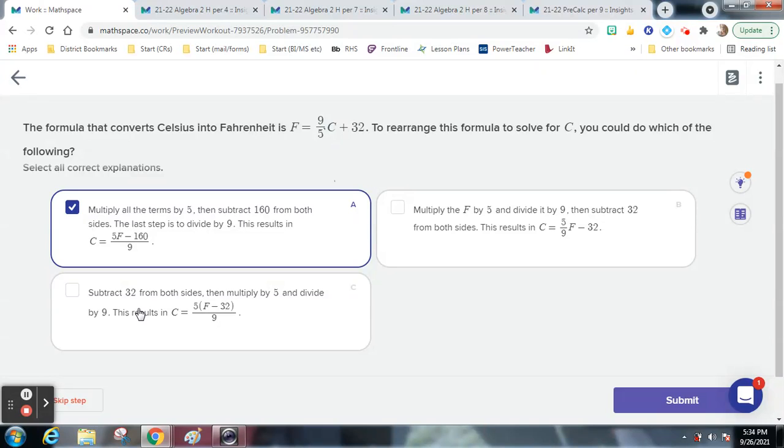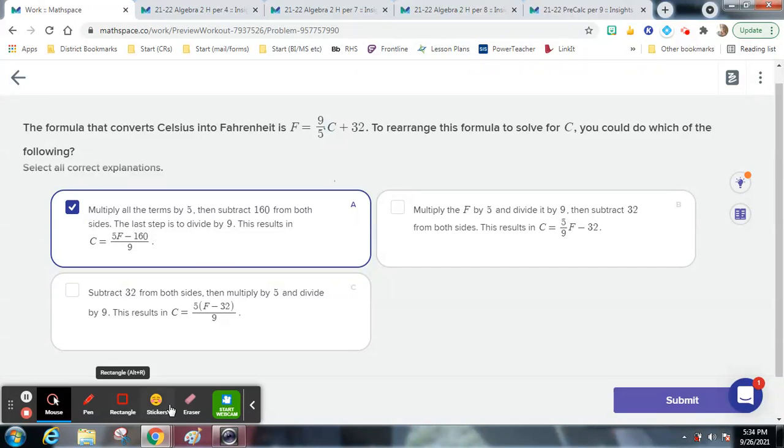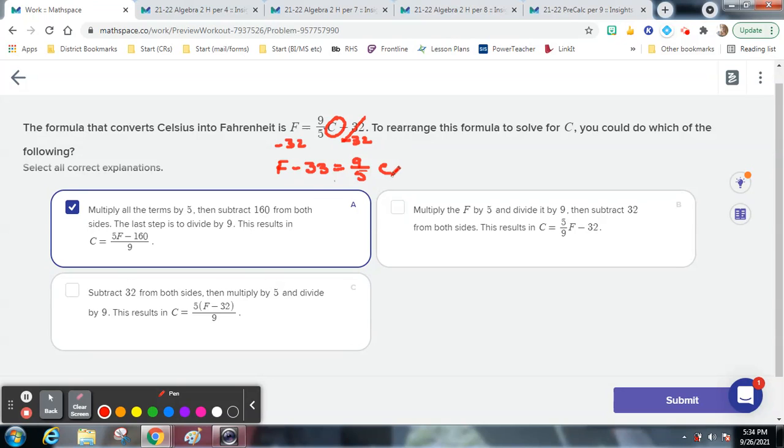And then a third option is something that I would normally do. I would subtract that 32 first. Let me use this pen actually. I can subtract that 32 from both sides because remember the goal is to get C by itself. So then we have F minus 32 equals 9/5 C. And we could multiply by 5/9, or what they split it into, multiply by 5 and then divide by 9.